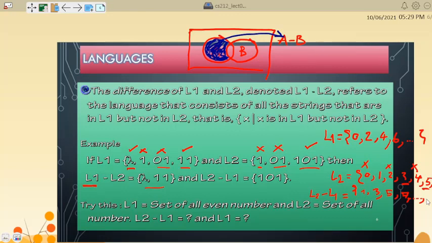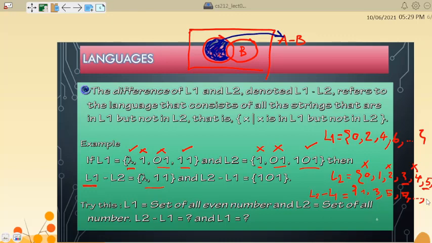If we say L1 is the set of all even numbers, what that means is L1 equals 0, 2, 4, 6, etc. And we say L2 is the set of all numbers, L2 equals 0, 1, 2, 3, 4, 5, etc.